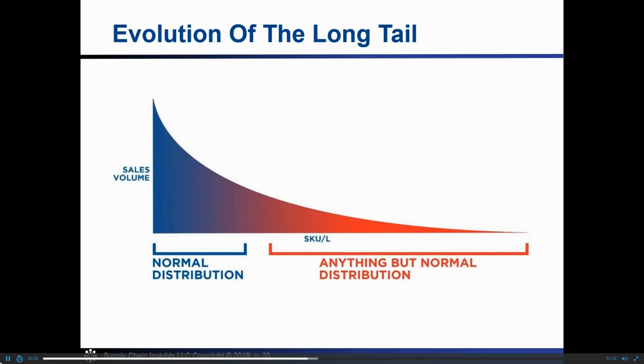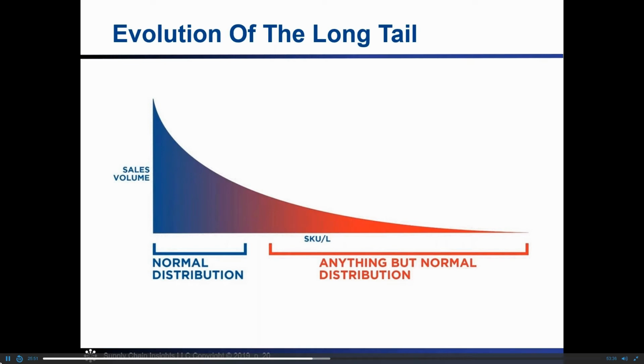Anything but normal is the long tail, where we start to get a skewed distribution. When you think back to statistics class, a normal distribution is a bell curve. A skewed distribution will be skewed around the median. And as we move to a skewed distribution, the traditional techniques for forecasting don't work as well.